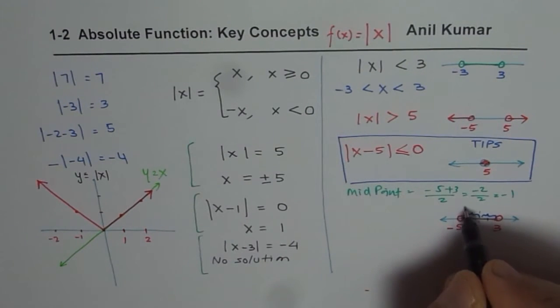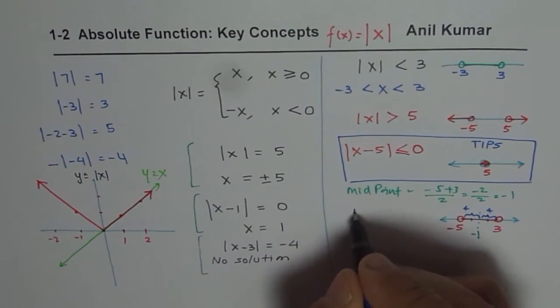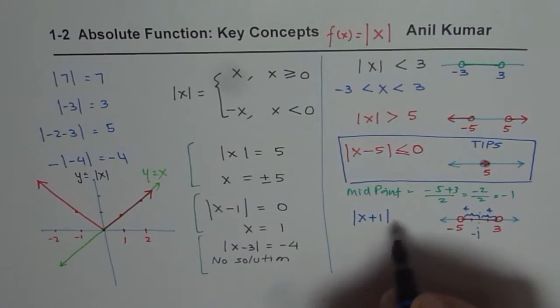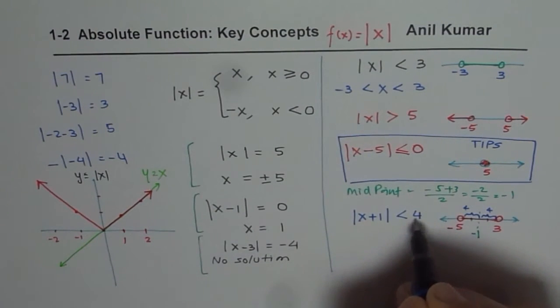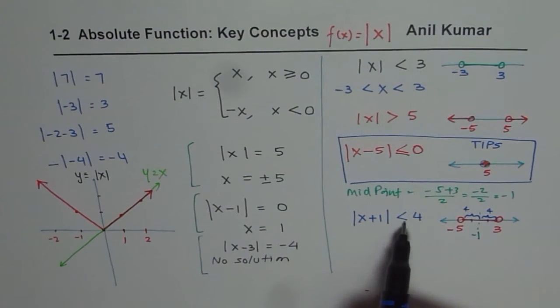So you are 4 units away. Do you see that? 4 units away. So you have to be within 4 units. And for that, you get your equation. So you have to move to minus 1. That means absolute value of x plus 1. And you have to be within 4 units. So less than 4. So this inequality represents the solution given to you.